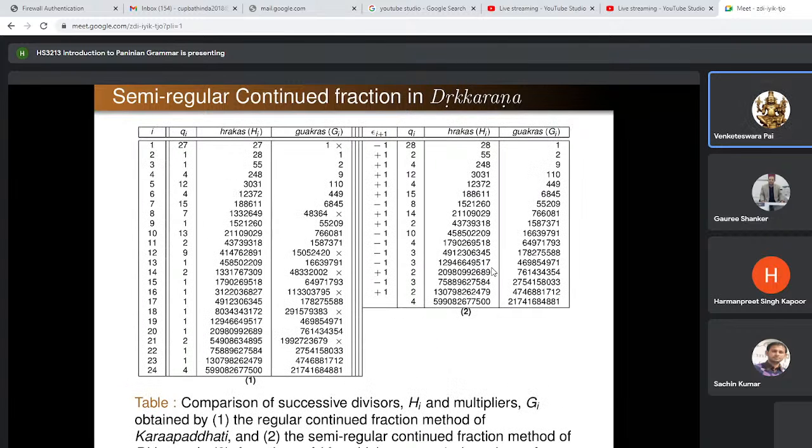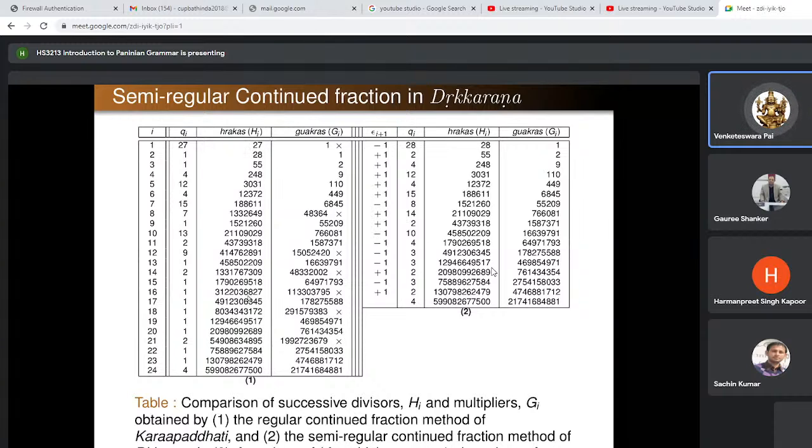So again, we have computed the successive approximations for the ratio 2174168448881 by 5990826777500, and you have these 24 successive approximations.